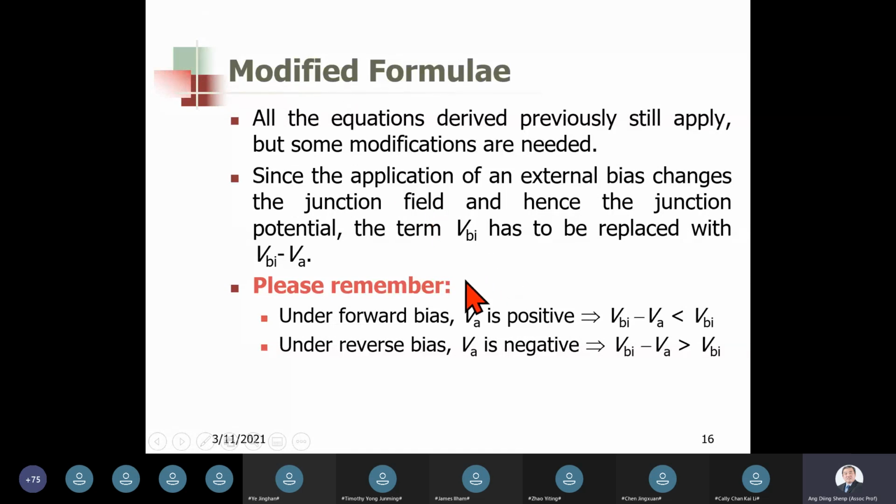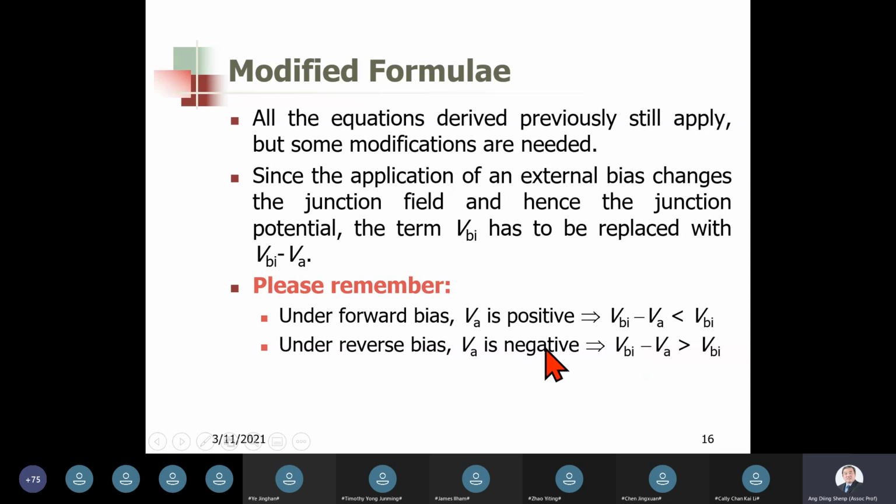Now, in modifying some of the equations, you need to remember what happened to the junction potential under forward and reverse bias. Under forward bias, the built-in potential and the applied potential compensate each other, giving you a net potential that is smaller than VBI.